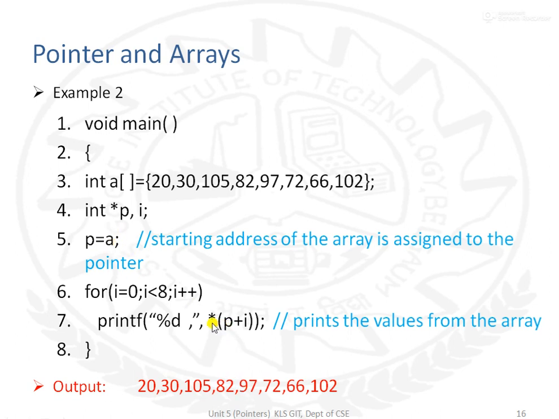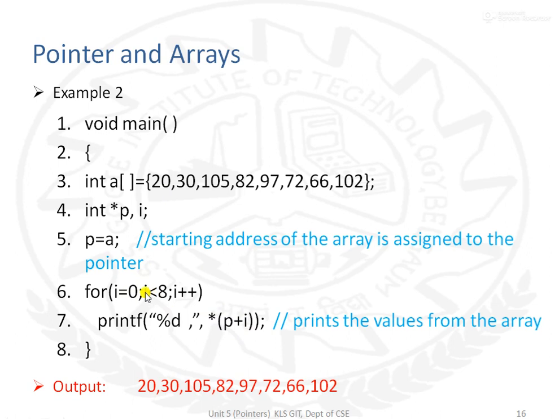Here we have to keep in mind that while incrementing the locations, we have to use the bracket, and the asterisk symbol should be outside the bracket. So p plus i should be in a bracket, and the asterisk shows that every time I add a value to the address p with the first value.